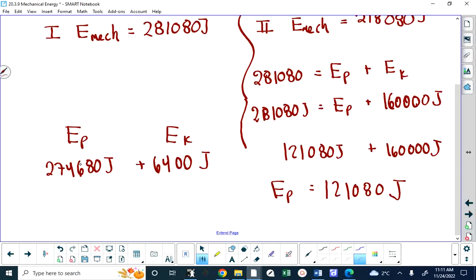So when you compare the potential energy to begin with to afterwards, it's dropped by an amount. When you look at the kinetic to begin with to afterwards, it's risen by an amount. And I hope it's obvious, but I'll say it anyway. Whatever amount the potential energy dropped by, the kinetic energy increased by. Because if the sum of those two has to be the same, you can't have one losing more energy than the other gains, or vice versa. So this is the answer to our question.